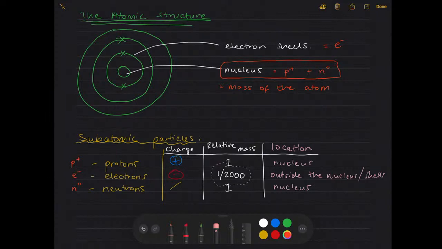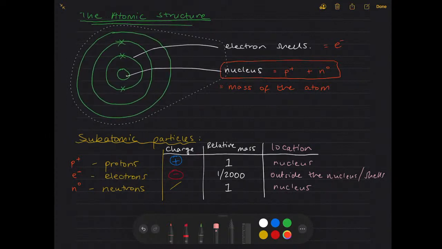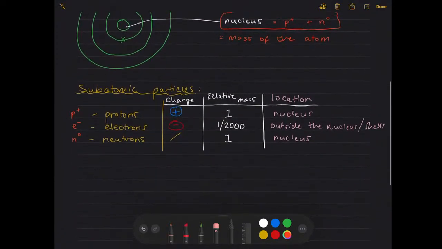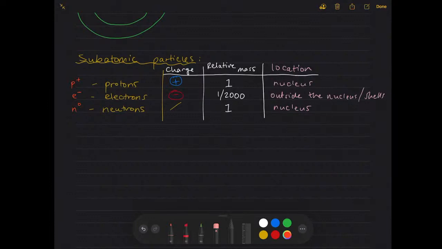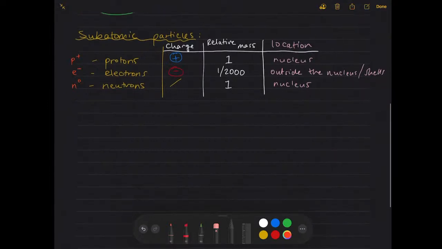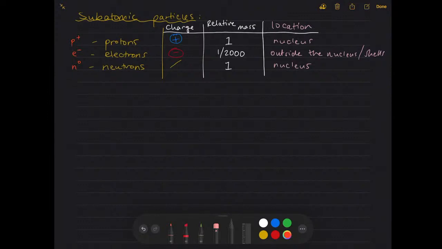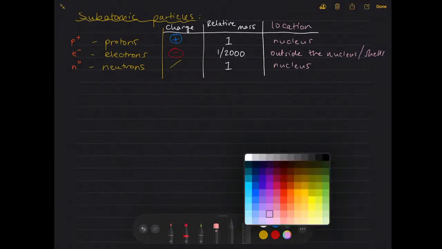So if we wanted to weigh this atom, most of the mass would come from the nucleus, down at the bottom. That's an introduction to protons, electrons, neutrons, and the atom. And you will have to be confident in talking about protons, electrons, neutrons, and calculating them from the periodic table.